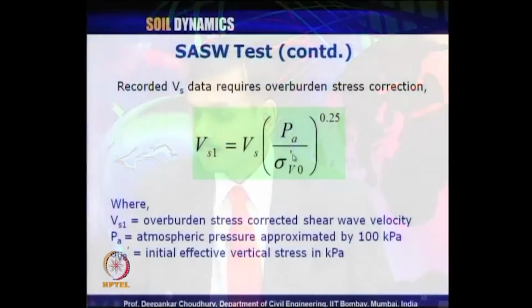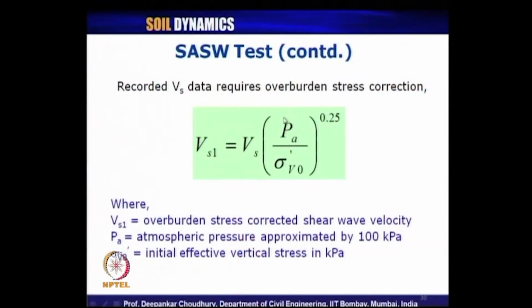How do we do that? We need to identify a reference value, that is, with respect to what overburden stress condition we can say that this is our standard value of Vs. So, that referencing of the overburden stress is used here. Let us look at the slide here.